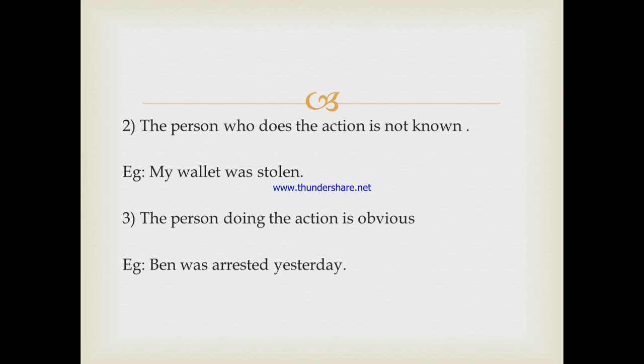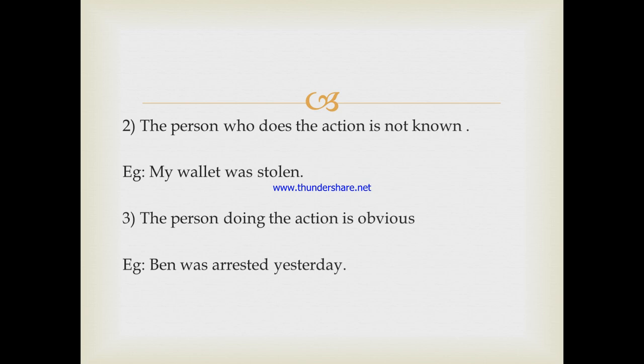I don't know who stole my purse. I don't know that person. Yes, somebody has stolen my purse or my wallet. Here we do not know the doer. How can we mention a doer here? Right, we need passive voice to write sentences like this.